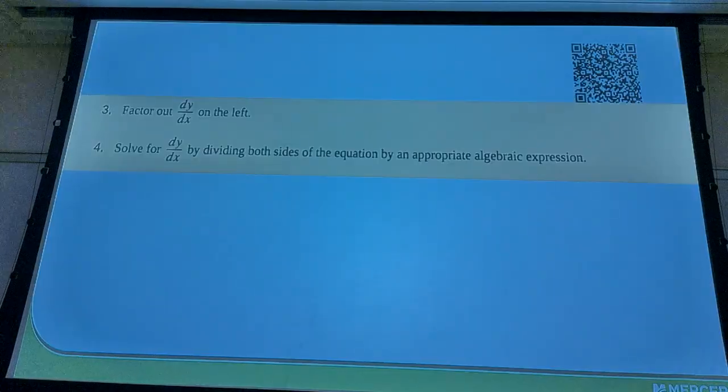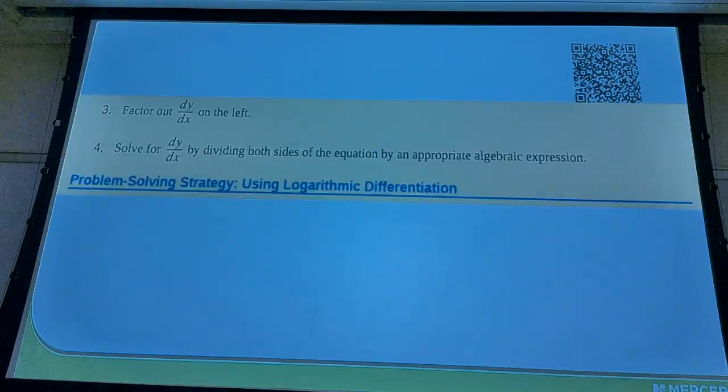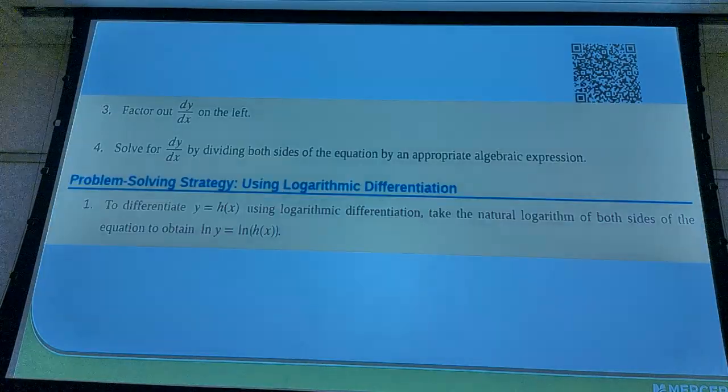With implicit, we can use a technique known as logarithmic differentiation. All we do is take y equals h of x, write that as log of y equals log of h of x, and then implicitly differentiate.